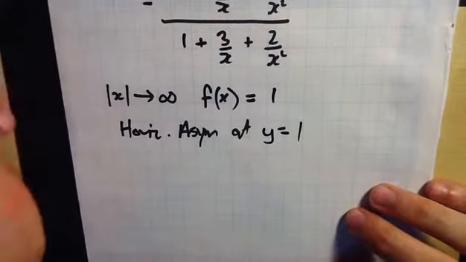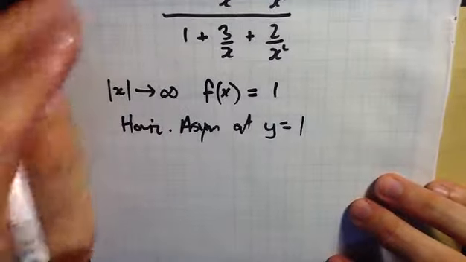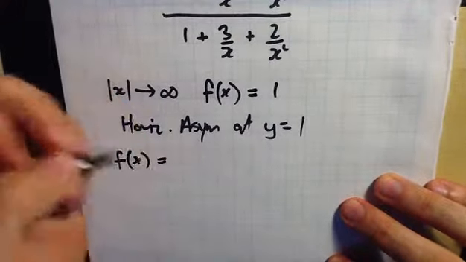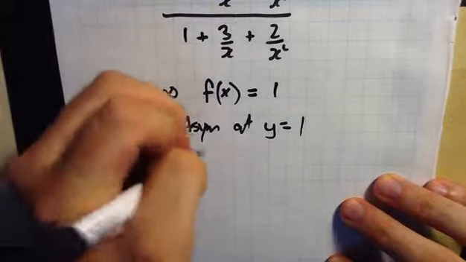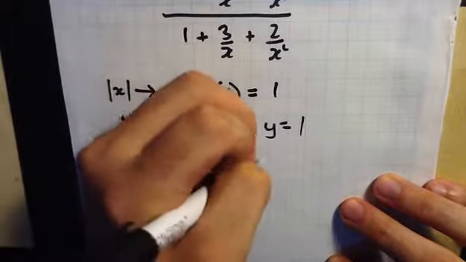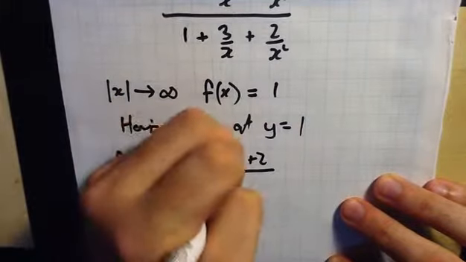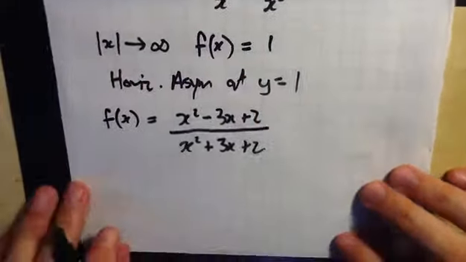Right, the vertical asymptote. I've got the function; let's just rewrite it. It's about making the denominator 0. So I'd rewrite this denominator in factored form.